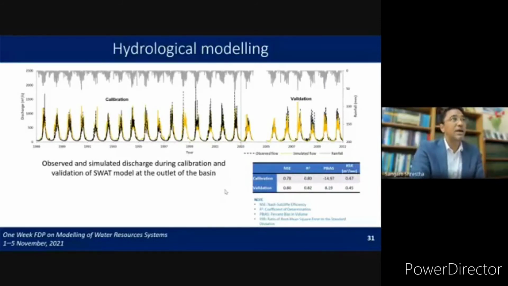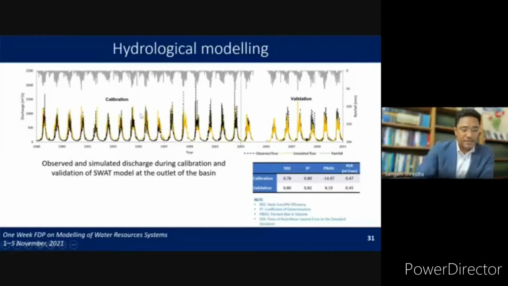And this hydrograph you can see here is the observed and simulated discharge during the calibration and validation at the outlet of the basin. Okay, the x-axis is the time and the y-axis is the discharge, and you can see that the dotted lines are the observed discharge, whereas the colored line is the simulated discharge. I presented both calibration and validation hydrographs here.